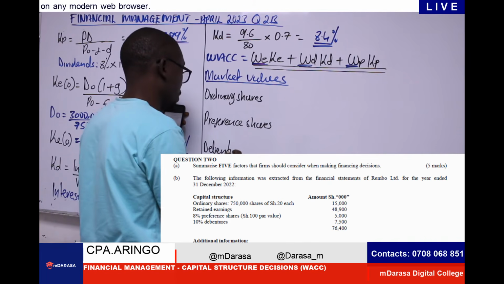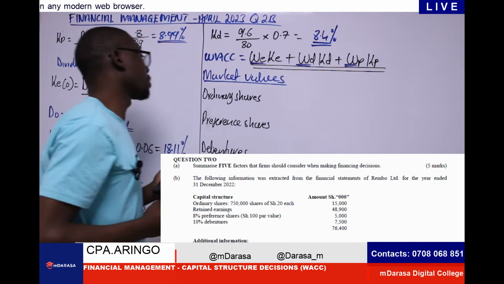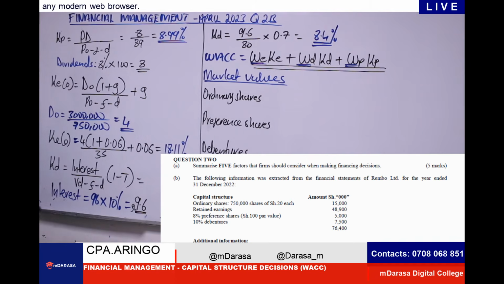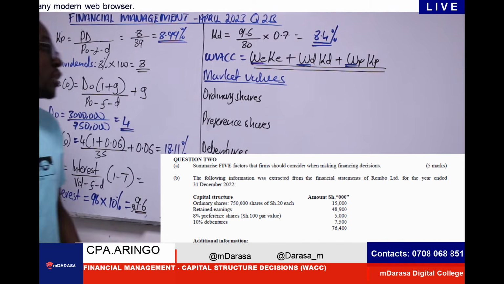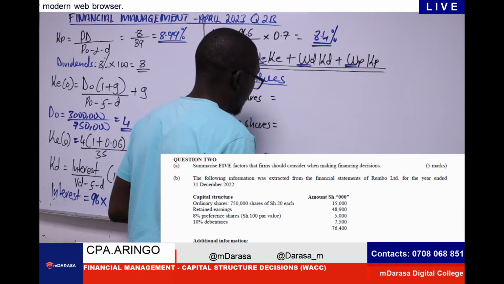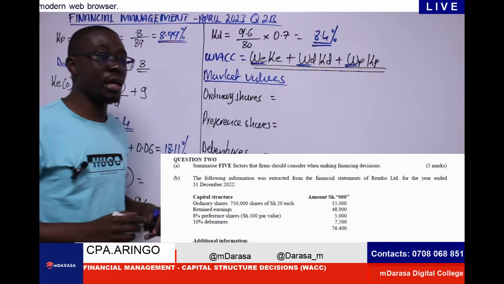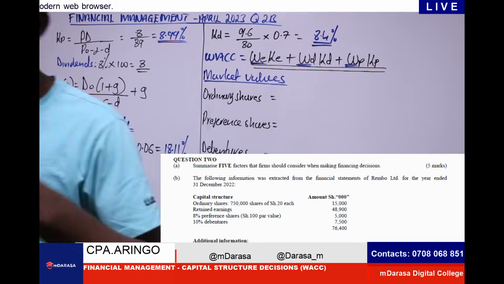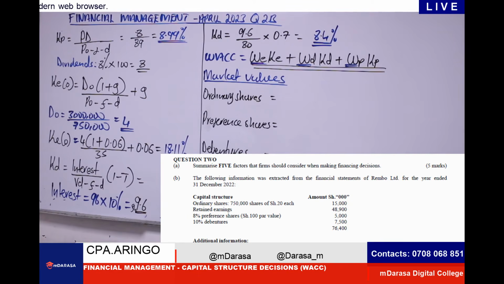Most important would be, how are we going to determine the market values of these component costs? If I was to value this component today, how much would they be worth?